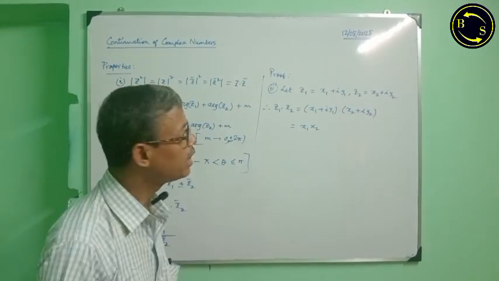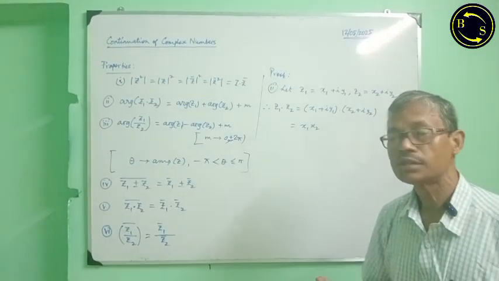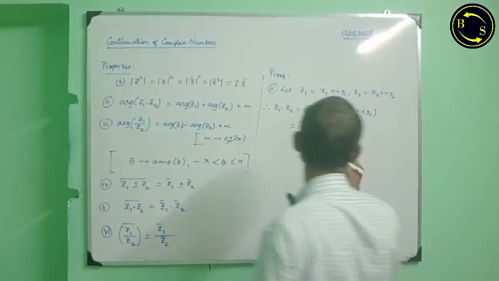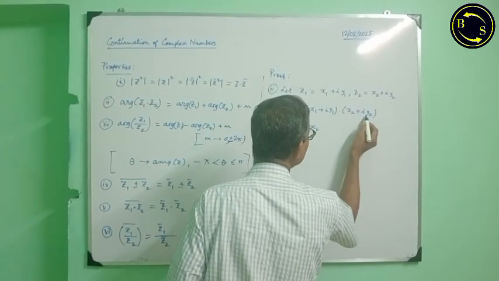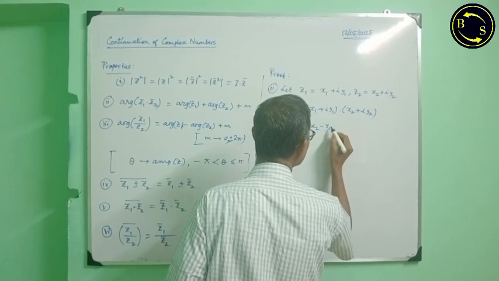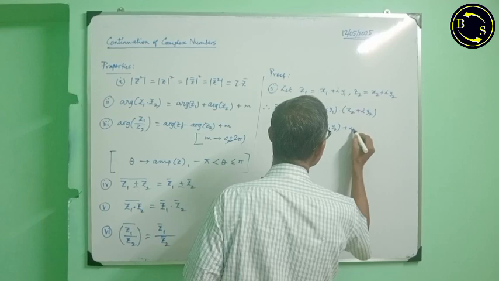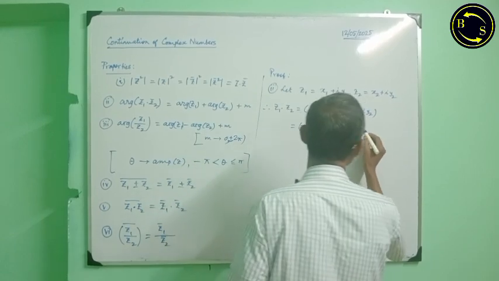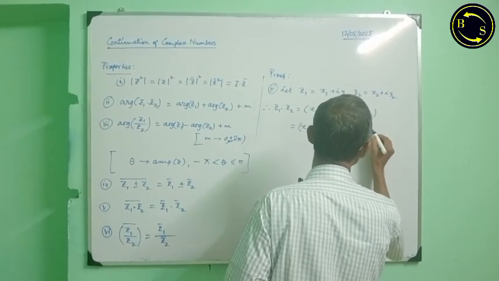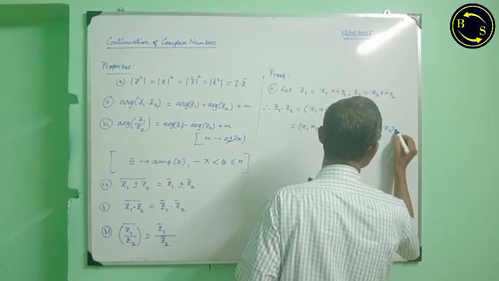I am multiplying here, keeping in mind I will write first the real part, then the imaginary part. If we multiply these two, that will give x1 x2 minus y1 y2 plus i times x1 y2 plus x2 y1.